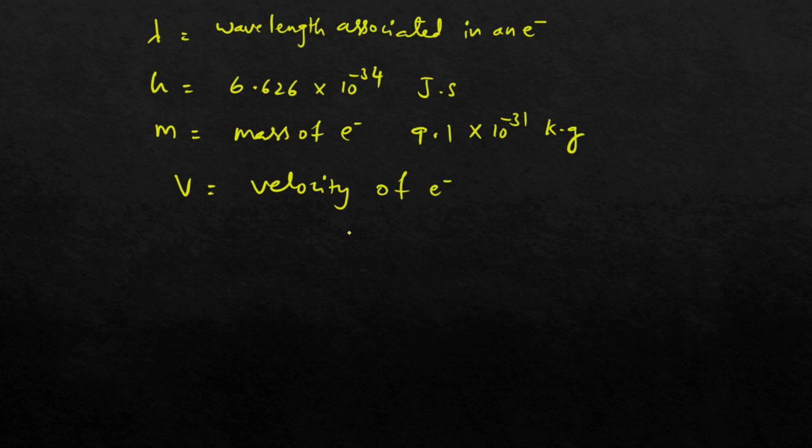Okay, let me do two calculations so that we can come to one conclusion about where to consider de Broglie's wavelength and where not to consider. The first calculation will be a moving object having 100 kg and velocity 10 meters per second.